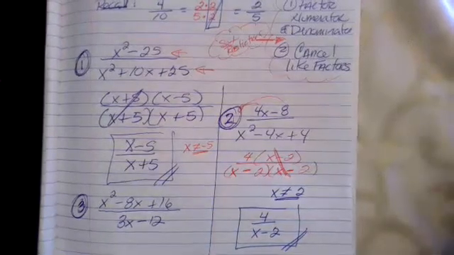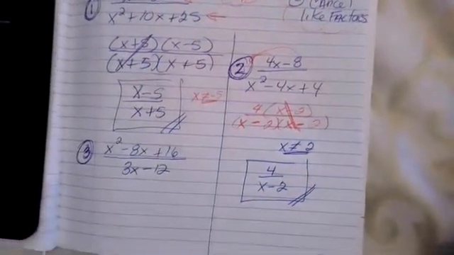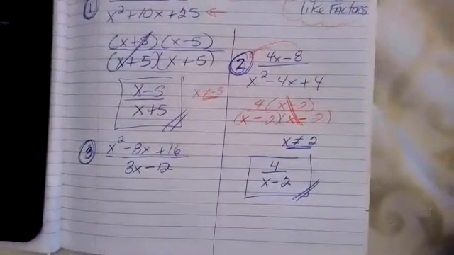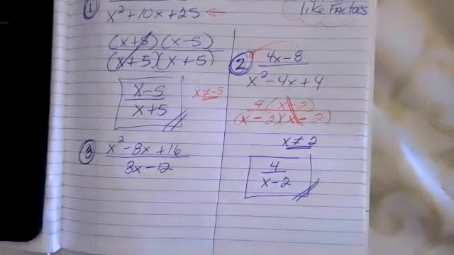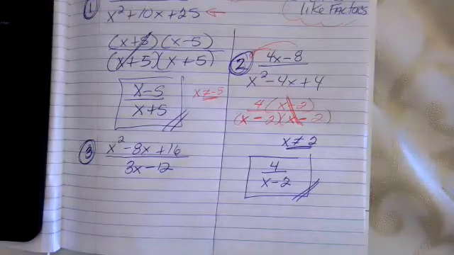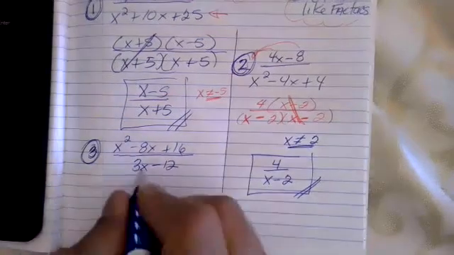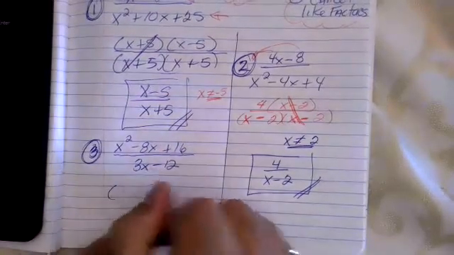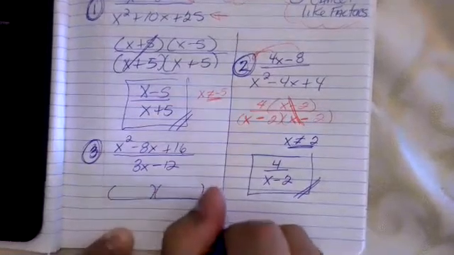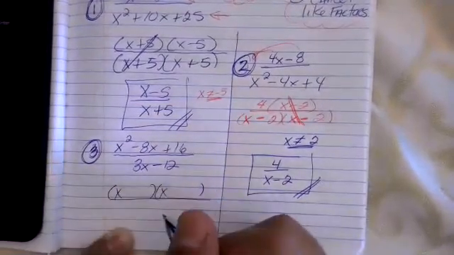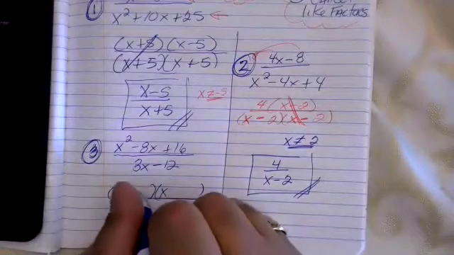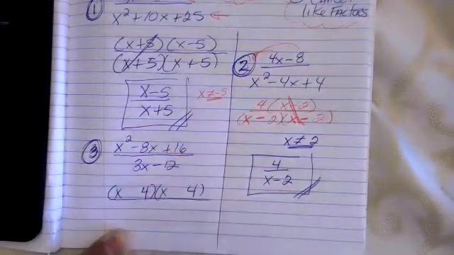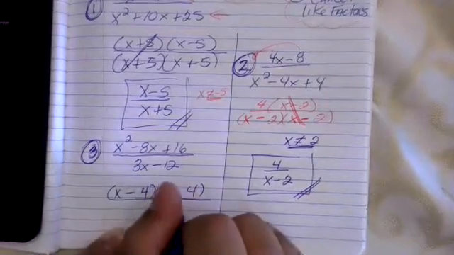Let's look at this third example. And let's assume that the question asks for you to simplify the rational expression and state restrictions. So I'm going to factor my numerator. Looks like I'm going to have 4 times 4 will give me 16, minus.